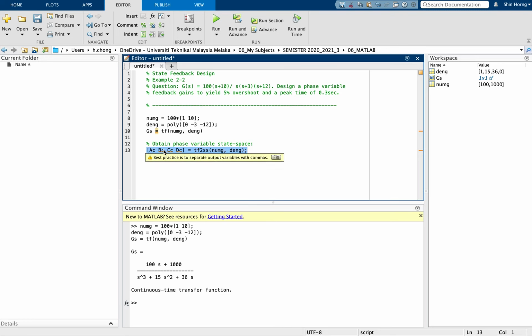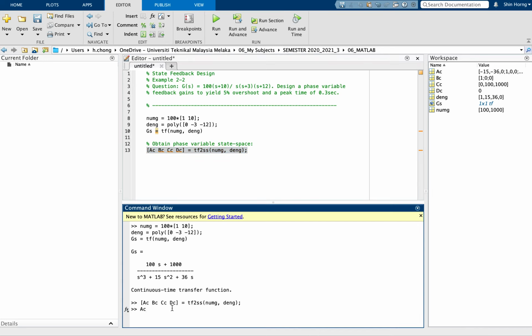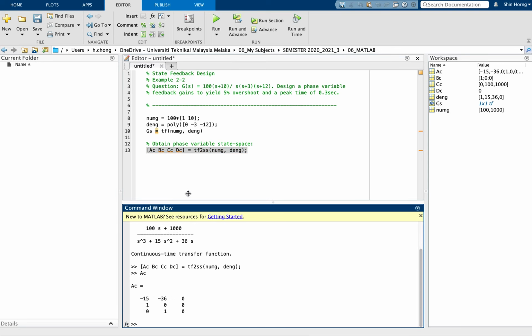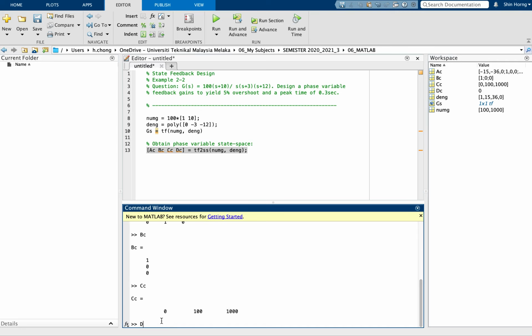Because I have the semicolon, I couldn't see the answer. Anyhow, I can type here and see this is my A state space, this is my B state space, but in the canonical form. It's yet to be in the phase variable form, so you can check everything.